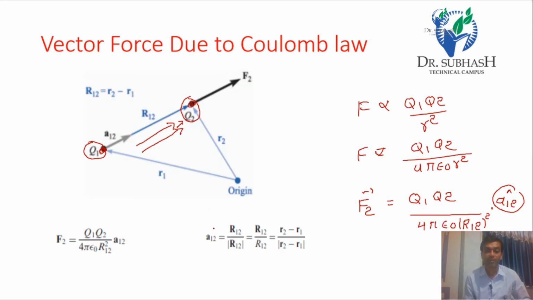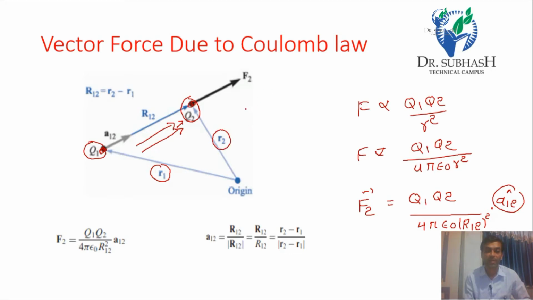The unit vector can be defined using the position vectors. Suppose R1 is the position vector of the Q1 charge and R2 is the position vector of the Q2 charge.